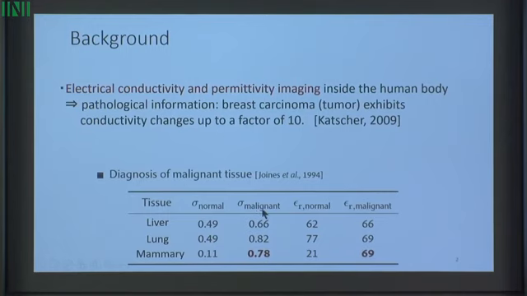Let's take a look at this table. The malignant tissue's electrical conductivity in mammary is about 7 times as high as that of the normal tissue, and even the relative permittivity is 3 times as high as that of the normal one.